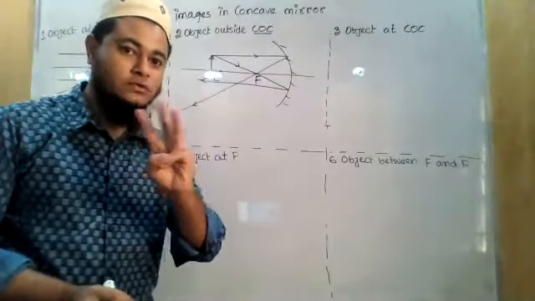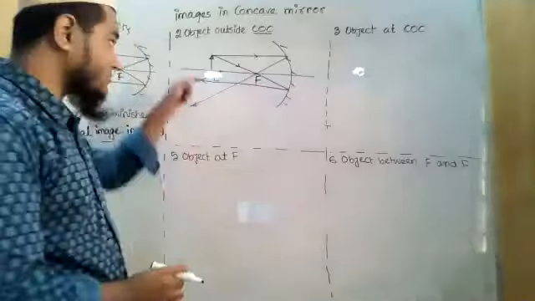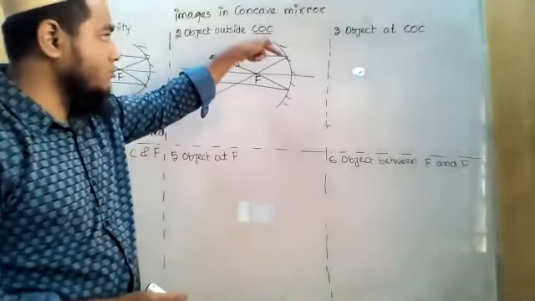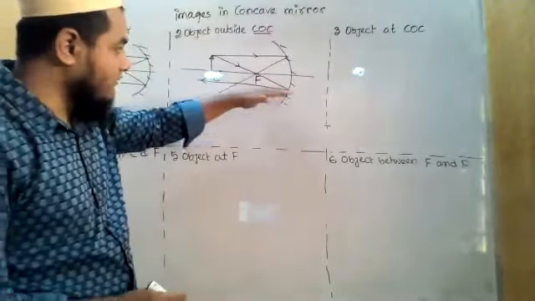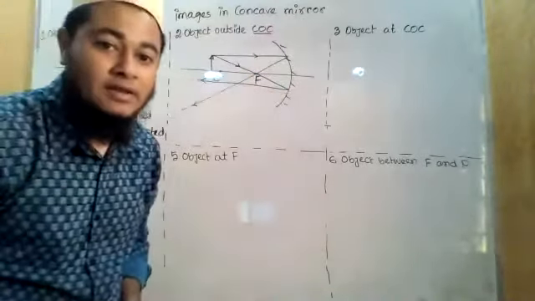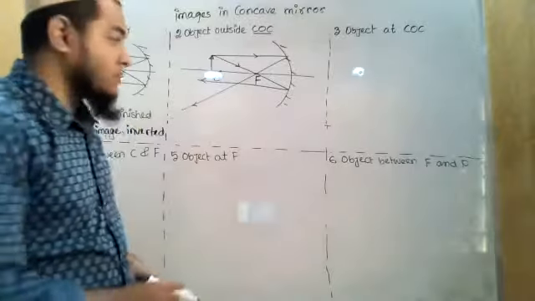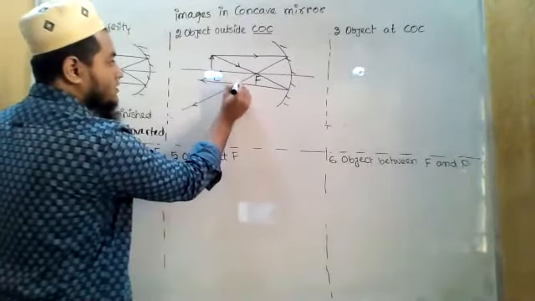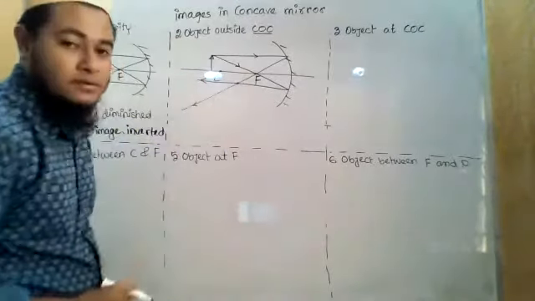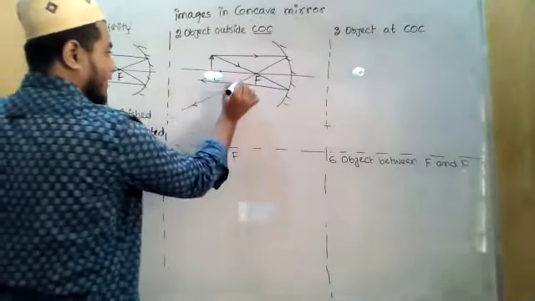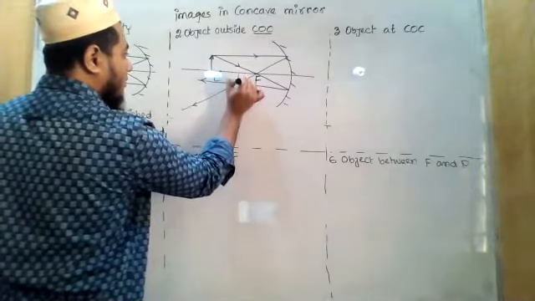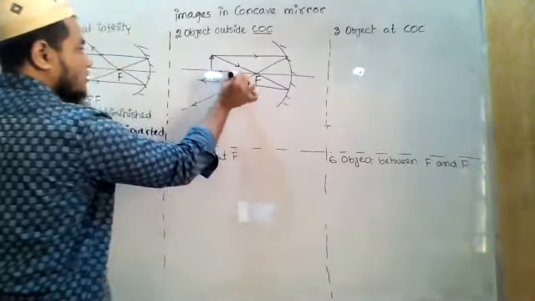Out of the three rules, these are the first two rules. If the light ray is incident parallel to the principal axis, it will go through principal focus. If it comes through principal focus, then after reflection, it will pass parallel to the principal axis, right? So we can see that at this point, the reflected rays have intersected. At this point, we will draw a perpendicular, and this will be the image.